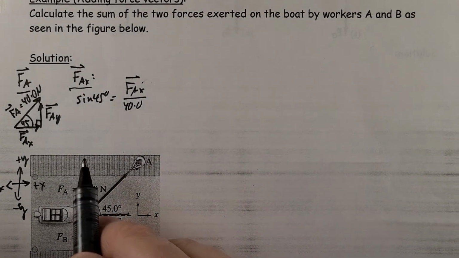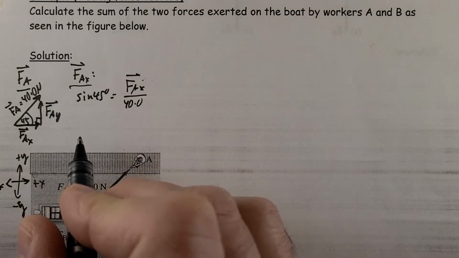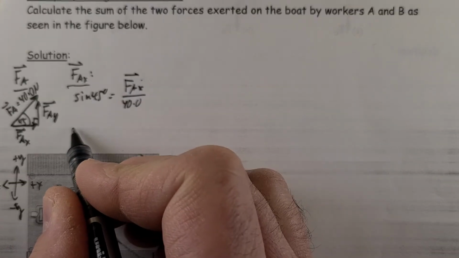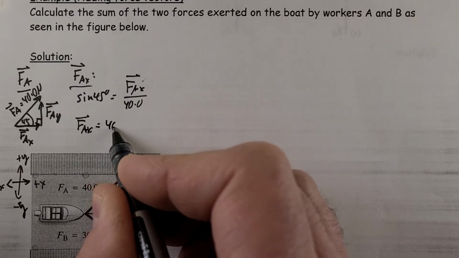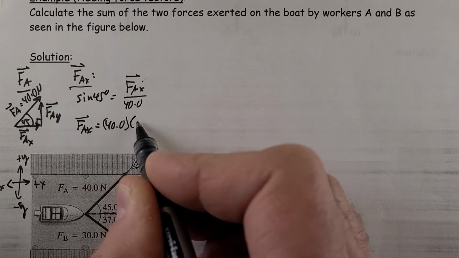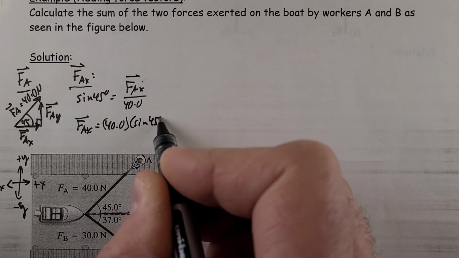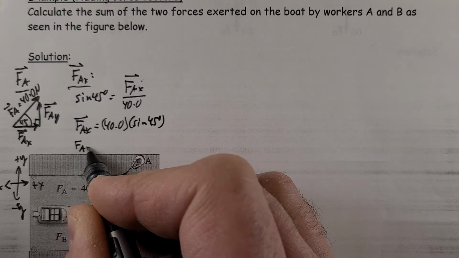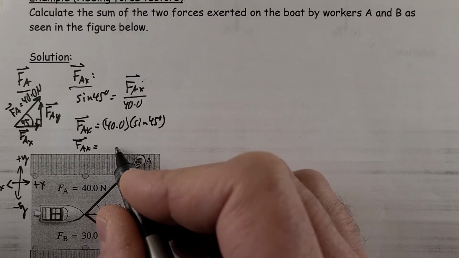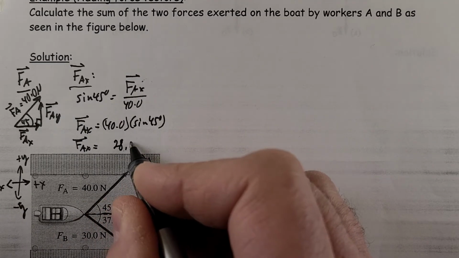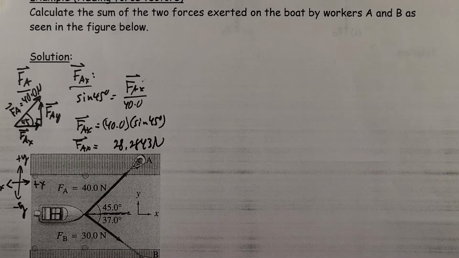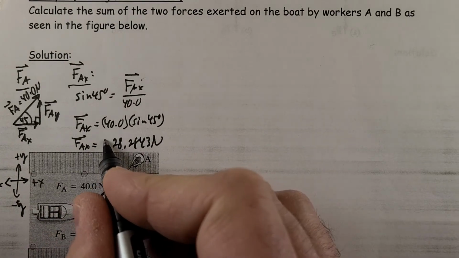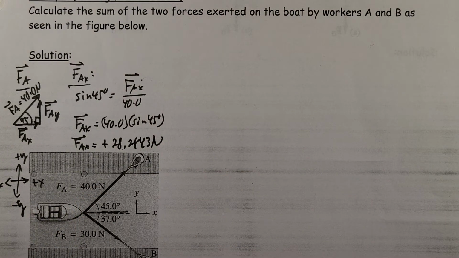So if I solve for FAX, 40 multiplied by sine of 45 is going to give me 28.2843. And remember, with these, go about 4 decimal places. We don't want to round off too early. And person A is pulling to the right, so that is a positive movement.